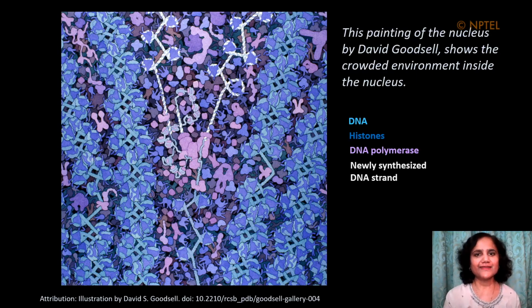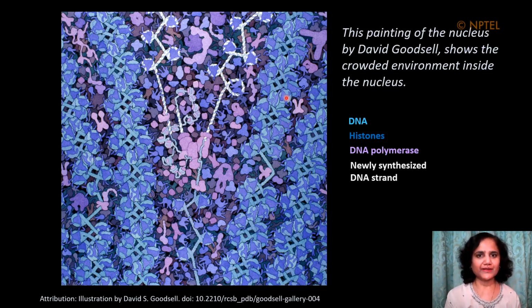Now this is a painting of the nucleus by David Goodsell. And it shows the crowded environment within the nucleus. Here you can see the DNA being replicated by DNA polymerase, the purple structure in the middle. The parental DNA strand is shown over here, and we can also see the 2 daughter strands in white, which are coming out on the other side.